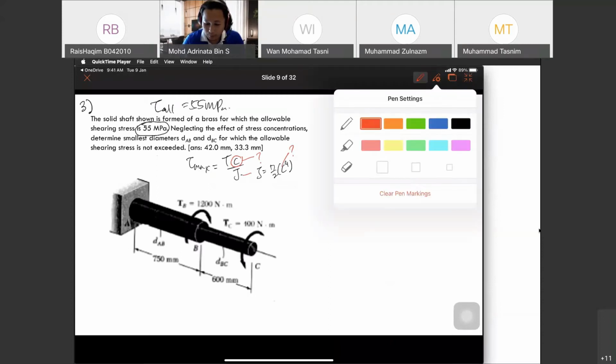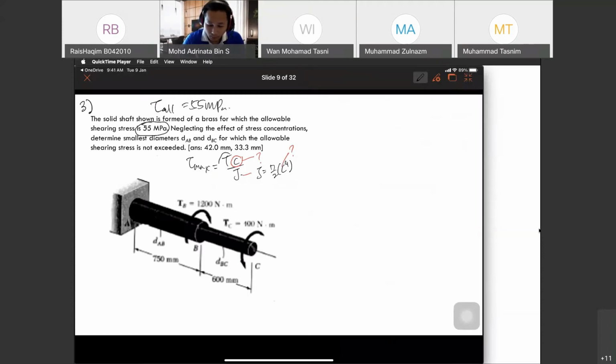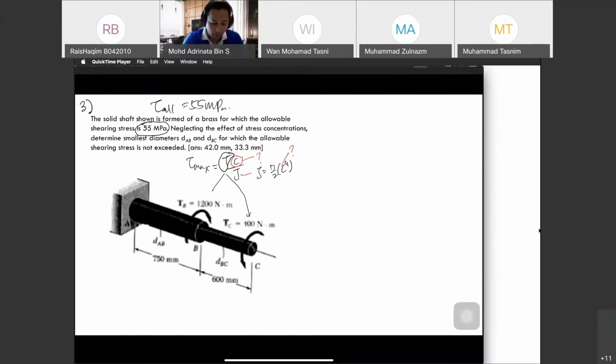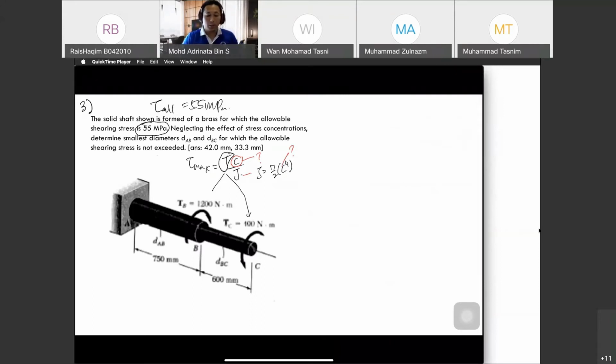Torque, kita ada torque diberikan. Okay, 1200 Newton meter and 400 Newton meter. Okay, so from this one, kita simplify tau maximum is equals to 2T over pi C to the power of 3.